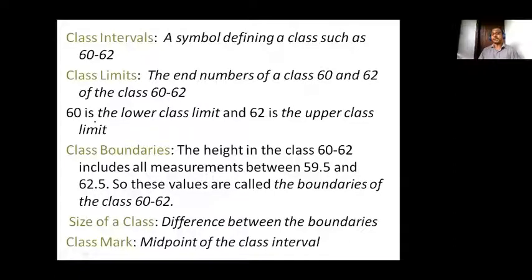So these values are called the class boundaries of the class 60-62. And the size of the class is the difference between the class boundaries. And the midpoint of a class interval is called the class mark of the class.